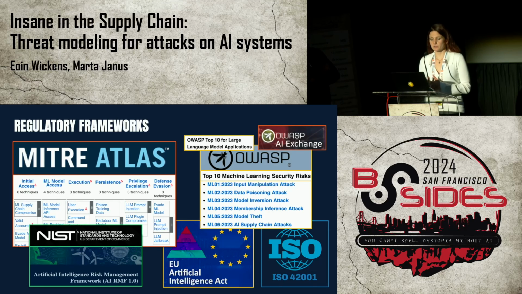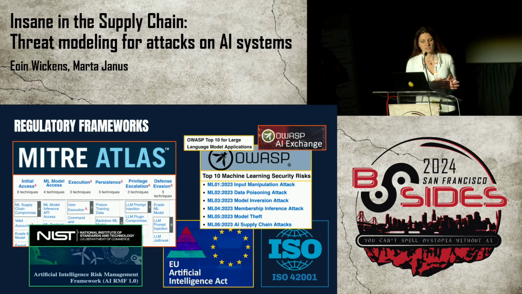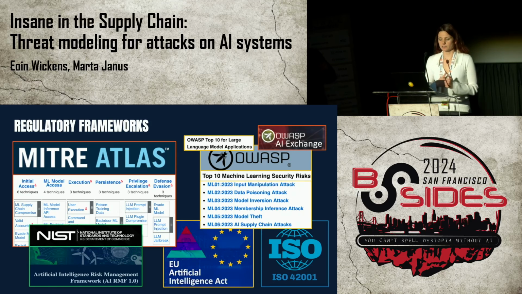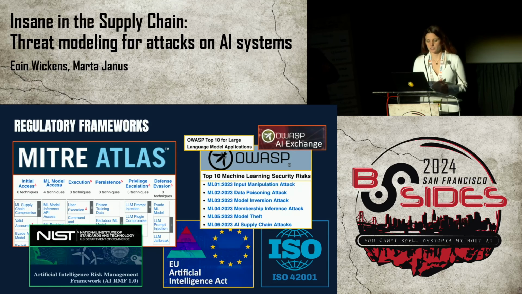Then there is OWASP, who is doing a lot in this space as well. So we have top 10 risks for machine learning, top 10 for LLMs, OWASP AI Exchange, and these kinds of initiatives. NIST, the Artificial Intelligence Risk Management Framework, which I think was one of the first that were published. And also on the regulatory level, things like the EU Artificial Intelligence Act or the ISO standardization, ISO standard 42001.